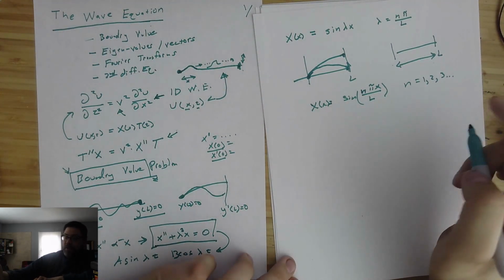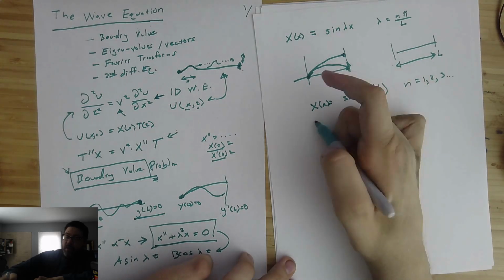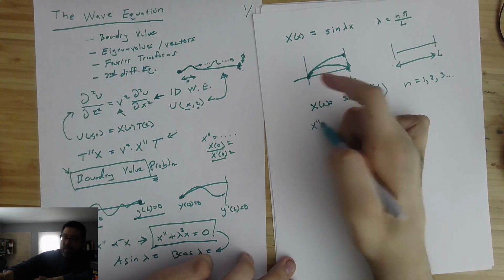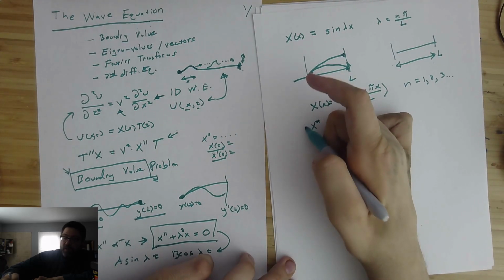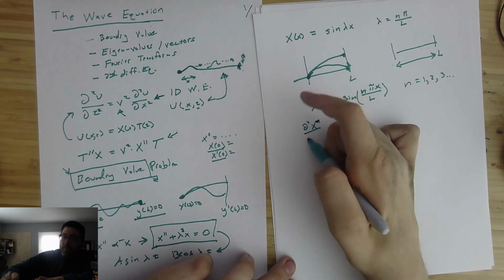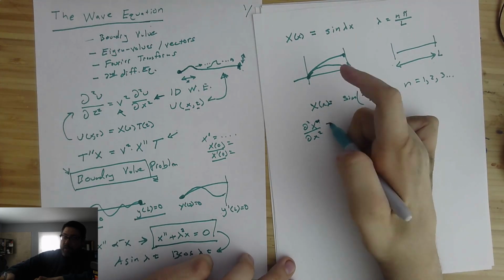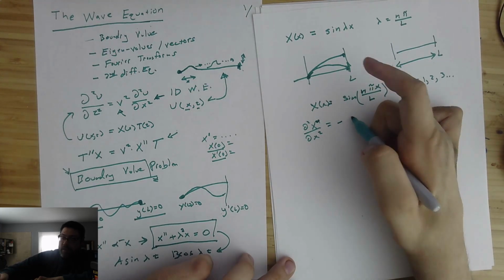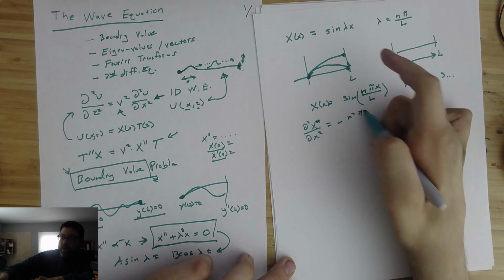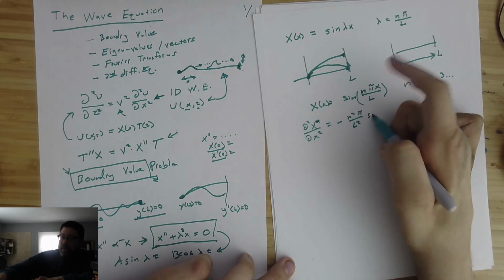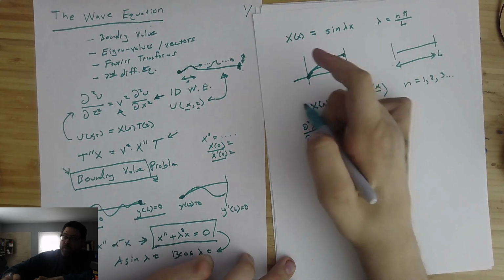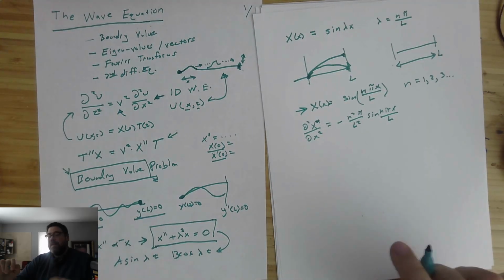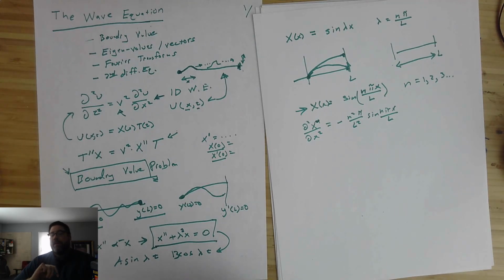If we put that back into our wave equation, then we also know that d squared X over dx squared is going to equal minus n squared pi squared over L squared times the sine of n pi x over L. All I'm doing is taking the second partial derivative with respect to space.